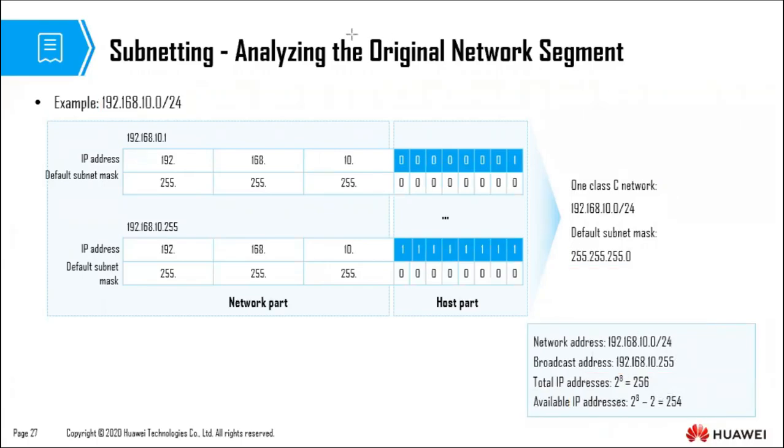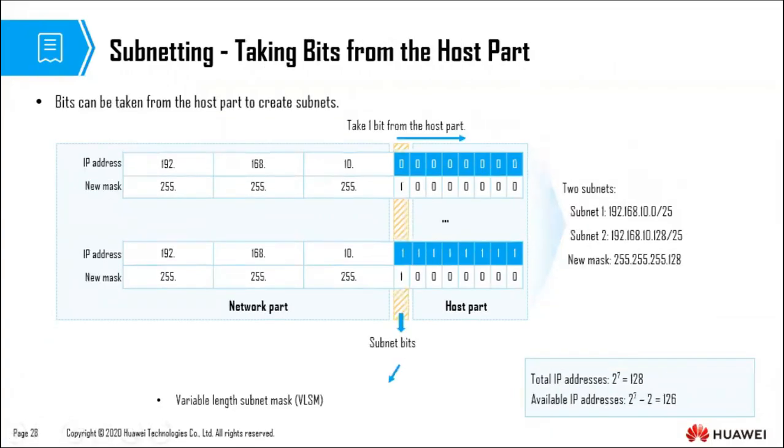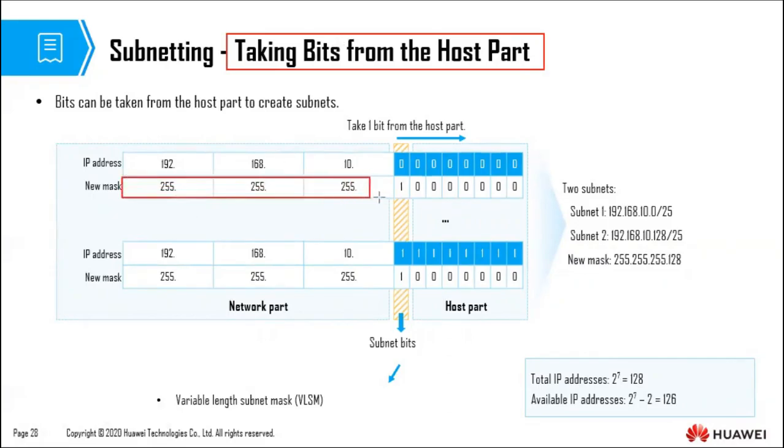So let's see how we can break this into smaller subnets. We do subnetting by, let's read this together, doing what? We take bits from the host part. Now, you remember we said that the mask will have consecutive ones, right?